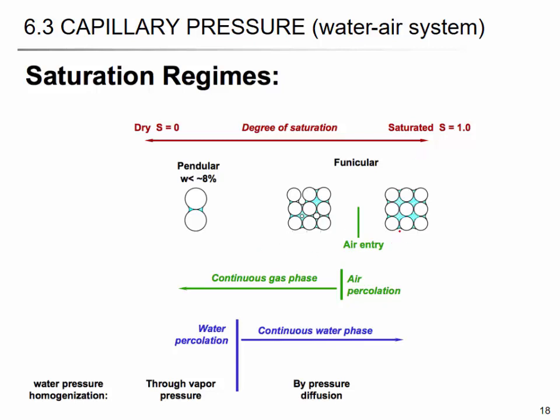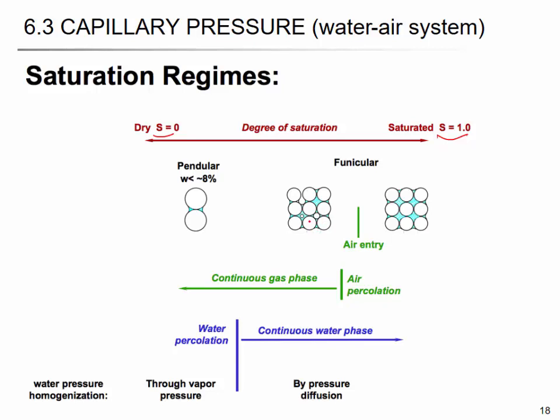So this is the case when the water saturation is 1, and this is a perfectly dry case. And as you dry the fully saturated soil, at some point air starts to invade, right? And it's called the funicular phase.